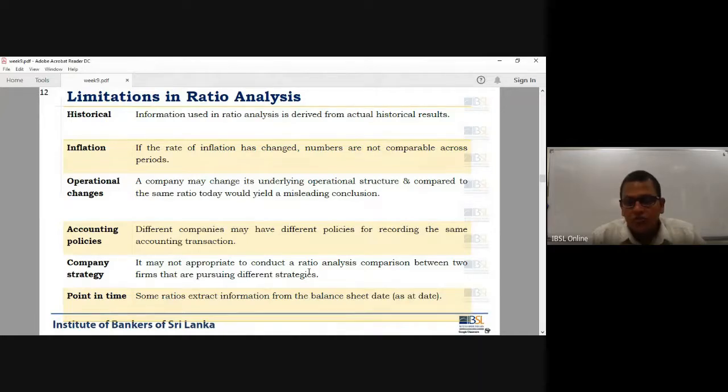Now we are going to move to the next topic, which is about internal and external audit. If you see the exam paper, there's a 20 marks question related to financial reporting and internal audit.